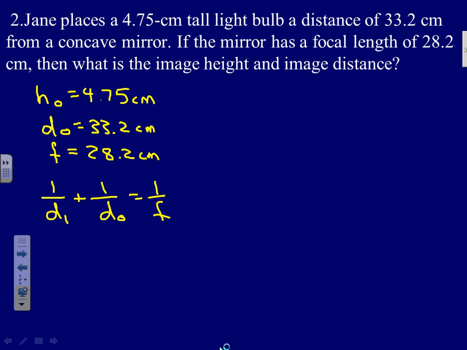So, image distance, 1 over DI plus 1 over 33.2. Notice I don't put the units in. All right? Many teachers will say, make sure you include your units in the equations, and then they'll take little marks away if you don't put your units in, and some can be very picky about that type of stuff. And you know what?